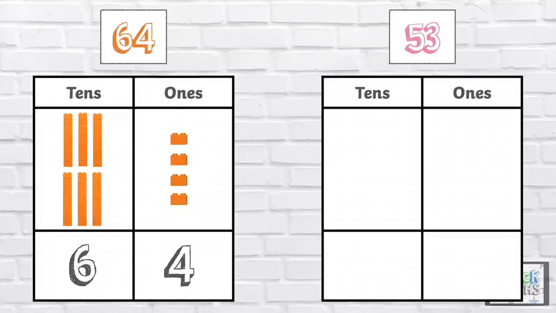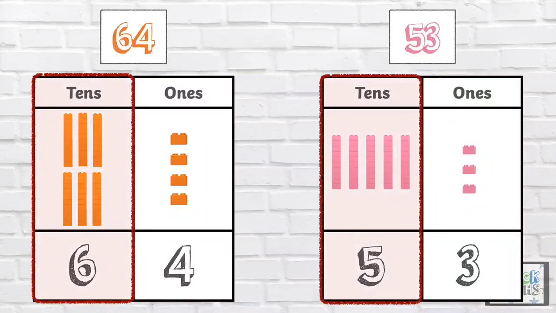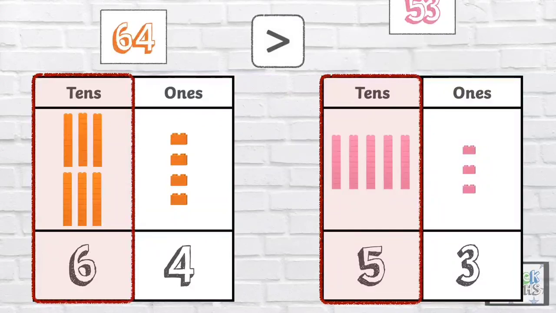The number 53 has 5 tens and 3 ones. 10, 20, 30, 40, 50, 51, 52, 53. Remember, when we compare numbers, we look at the tens digit first. 6 tens is greater than 5 tens, so 64 is greater than 53.